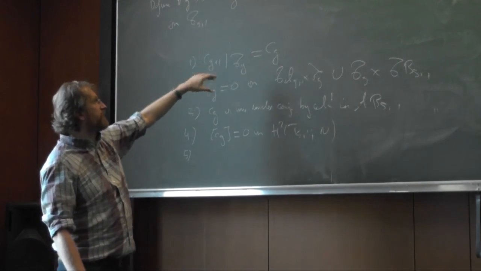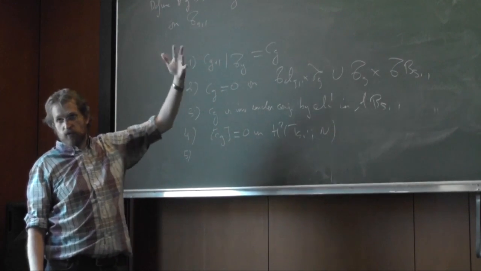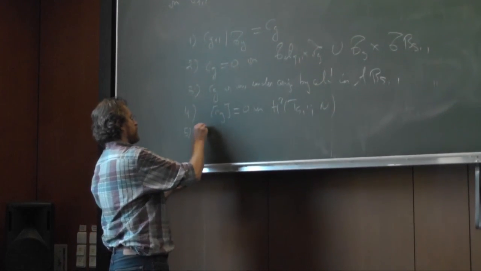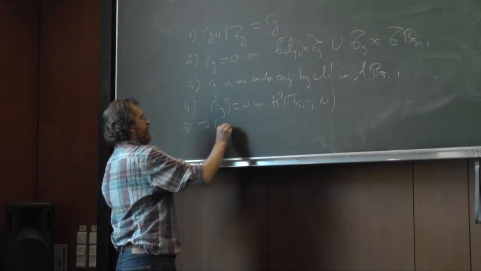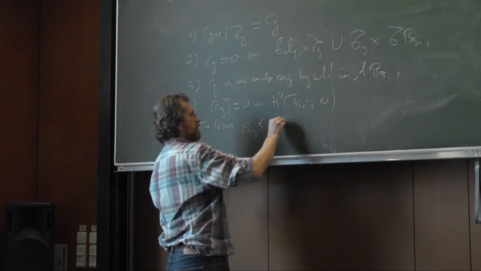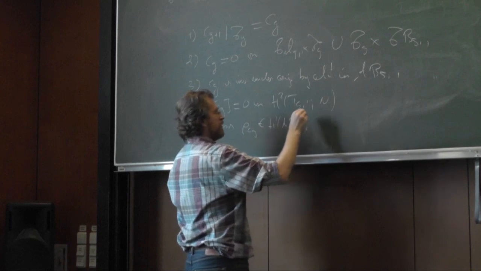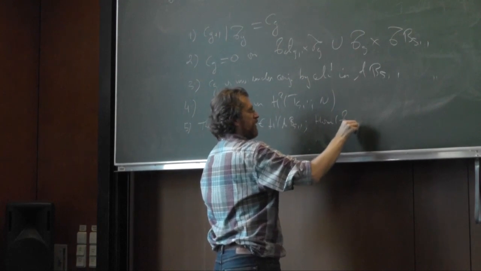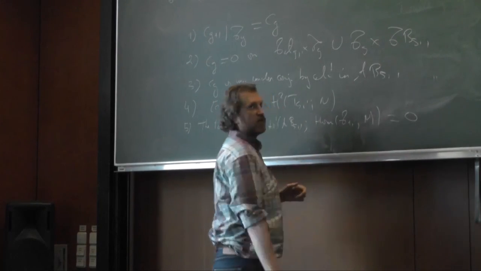And the existence of an invariant trivialization is controlled by a one cohomology class, which is a torsor class, in H1 of VG1 with coefficients in n.